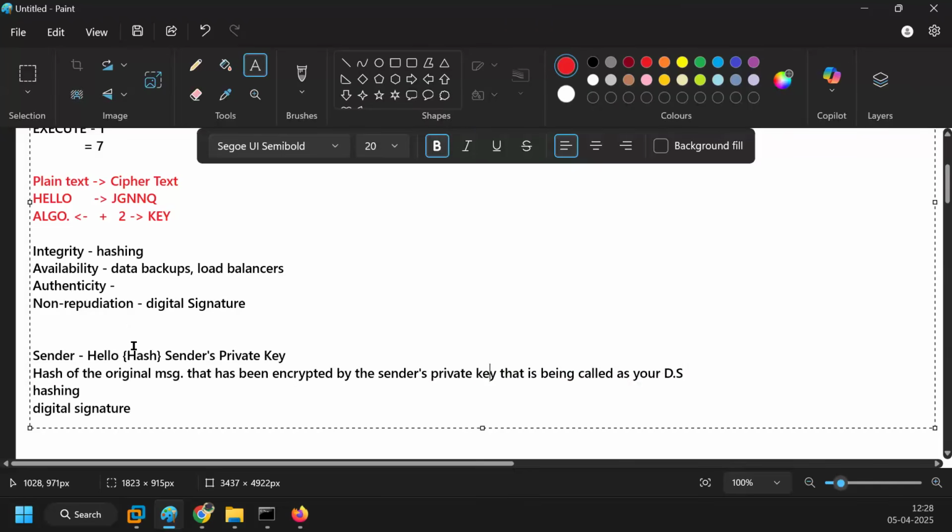If you find that both hashes match with each other, we can ensure that it was sent by that specified sender, and that there is no alteration. So for that, we have this digital signature.